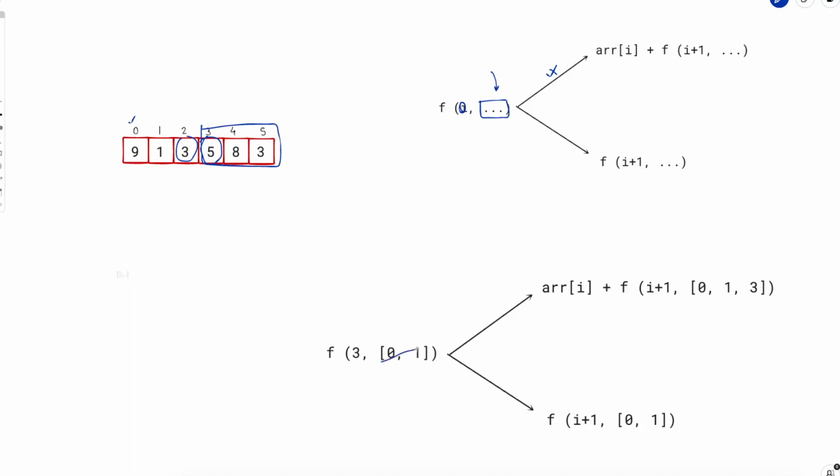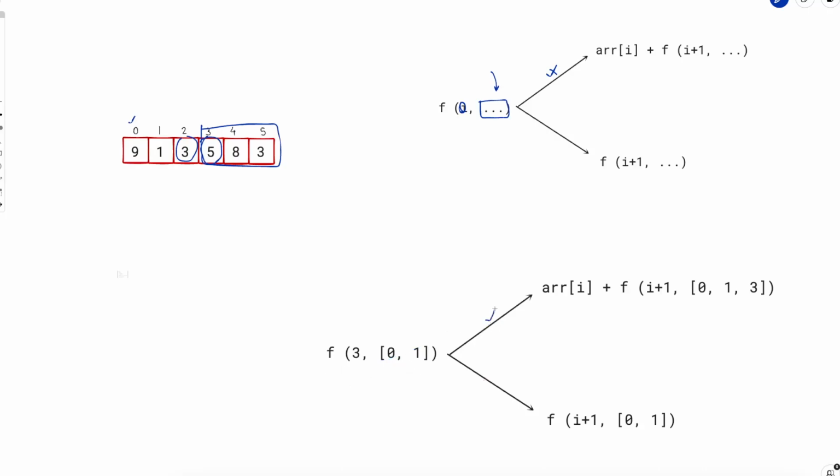But if you have taken, let's say 2, right, then this path would not have been possible, because if you have taken 2, then it means you can't take 4, 5, 1 and 2. So at this state this path would not have been possible, and this is the only choice you would have at this particular state. But for now it's 0, 1, so you can go in both routes.